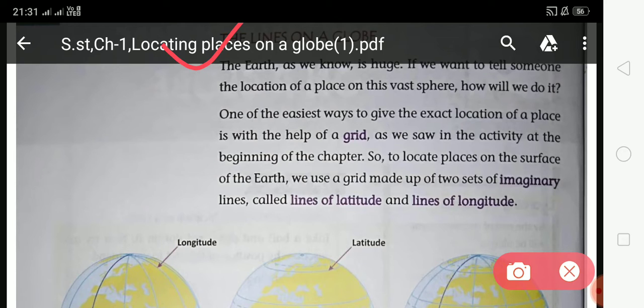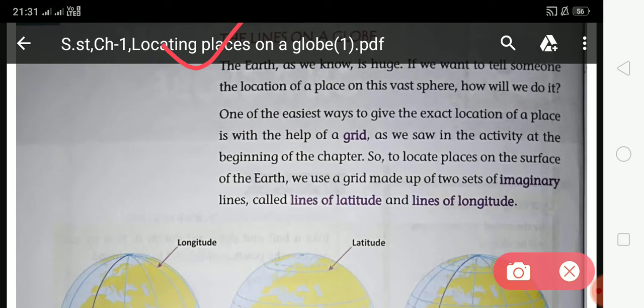So students, there are different lines. With the help of different lines we can locate places on a globe. One of the easiest ways to give the exact location of a place is with the help of a grid.